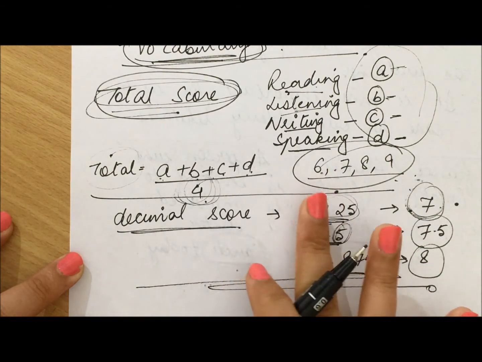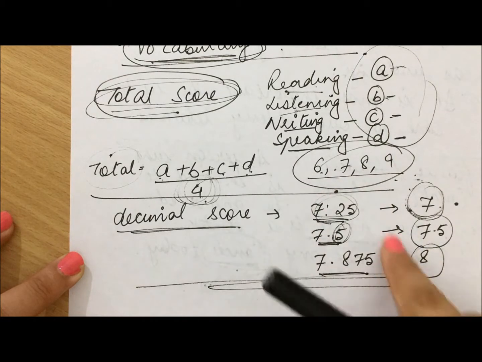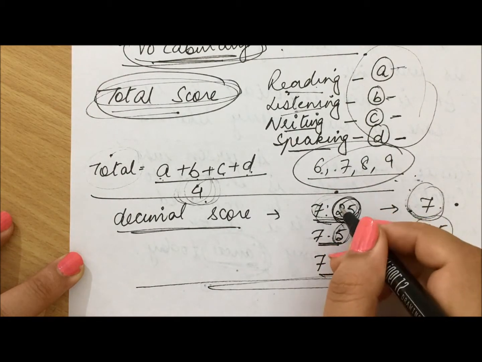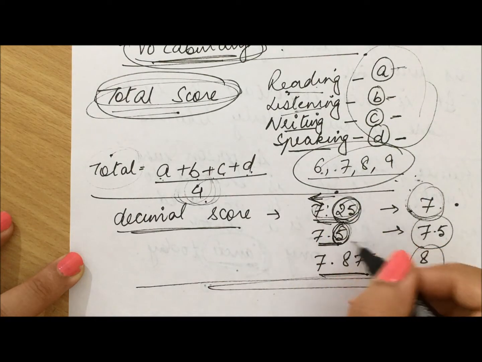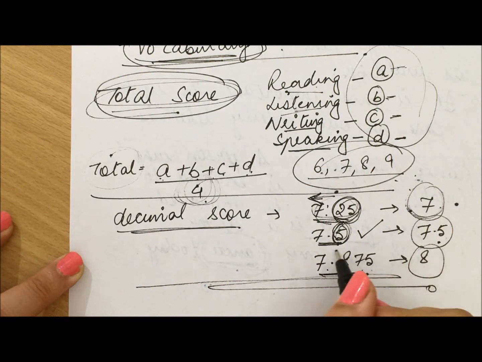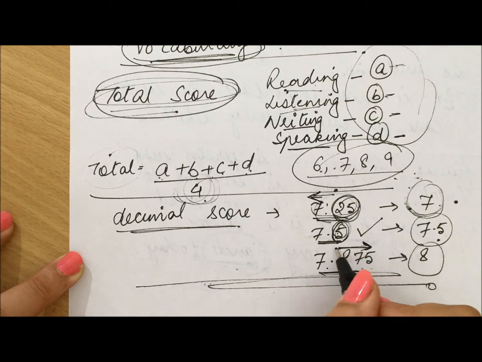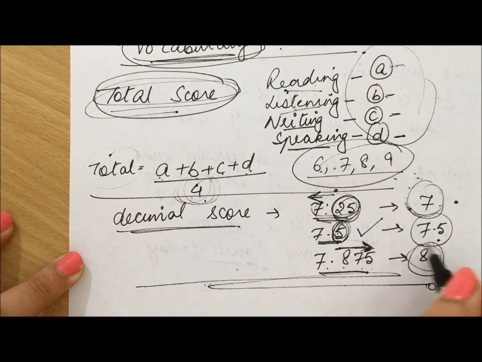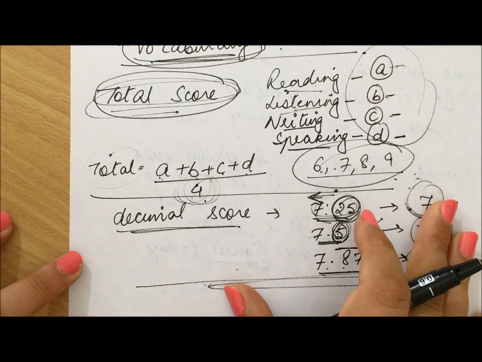So it doesn't matter what is here, this number doesn't matter, this matters. Okay. So 0.25 will be rounded off to the previous number. 0.5 remains where it is. 7.5 will remain 7.5. But 7.875, since it is bigger than 7.5, it will be rounded off to the next number, which is 8. So this is how you calculate your score.